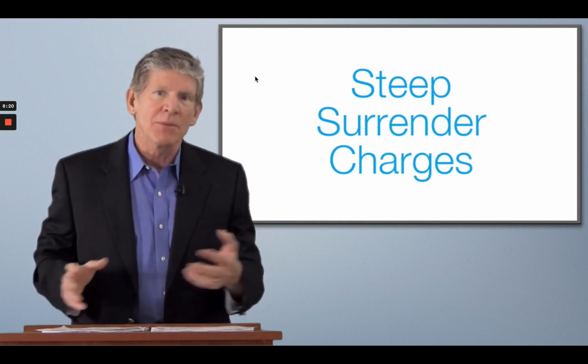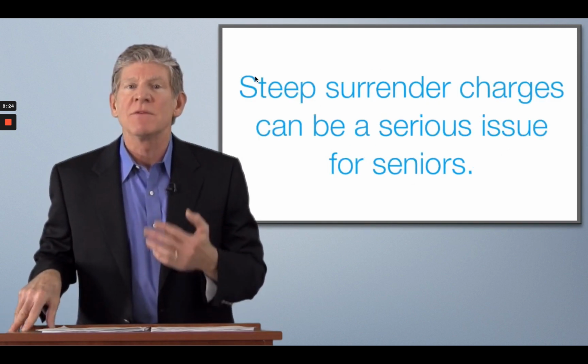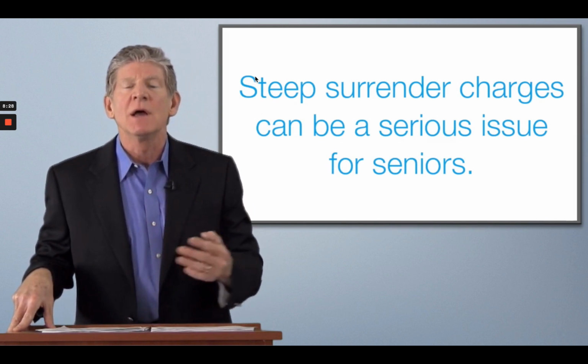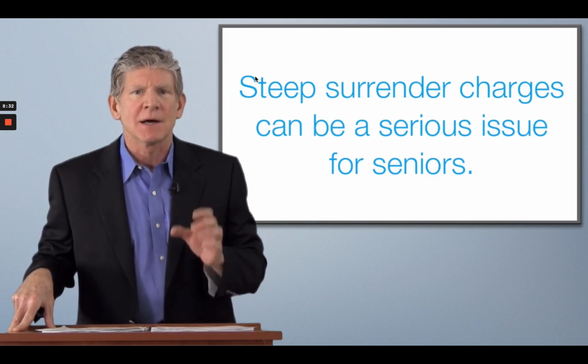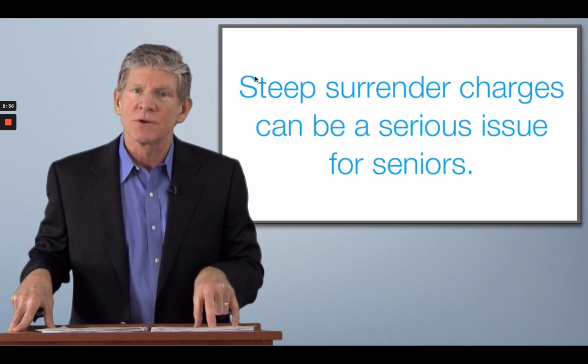Now, for many people, younger people, that might not be an issue. But for seniors, it can be a very serious issue. And in fact, it's abuse in this area that has brought a lot of regulatory attention on certain producers who were selling deferred annuities to seniors.